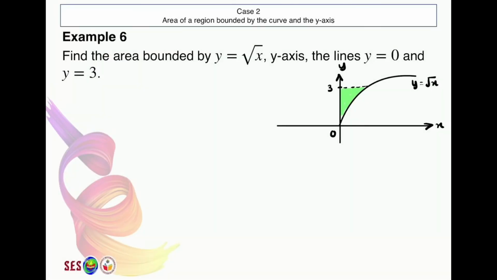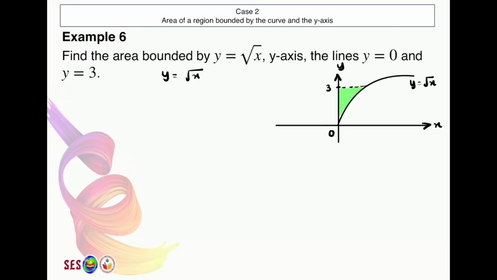However, when you are to find the area of a region bounded by the curve and the y-axis, your function has to be in terms of y. Right now, what we have here is y equals root x, a function of y which is in terms of x. You should have noticed that y is actually equal to x to the power of 1 over 2.